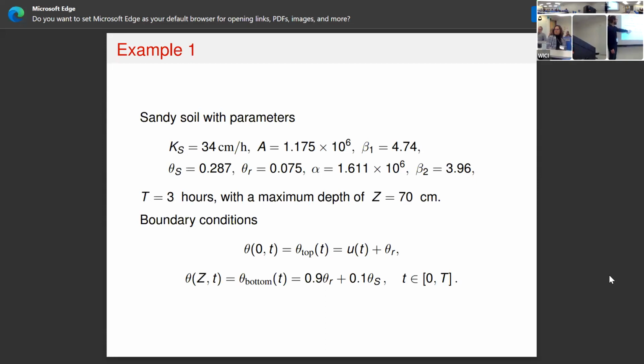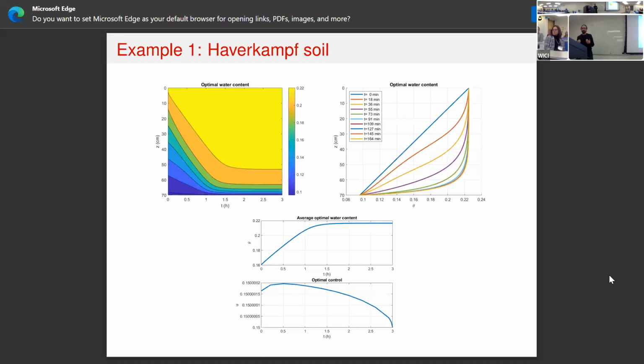We have some initial and boundary conditions at the bottom, and then at the top, the condition is our optimal control that we want to determine. And this is the profile of the optimal water content obtained through the optimal control that is determined here by the optimization algorithm.